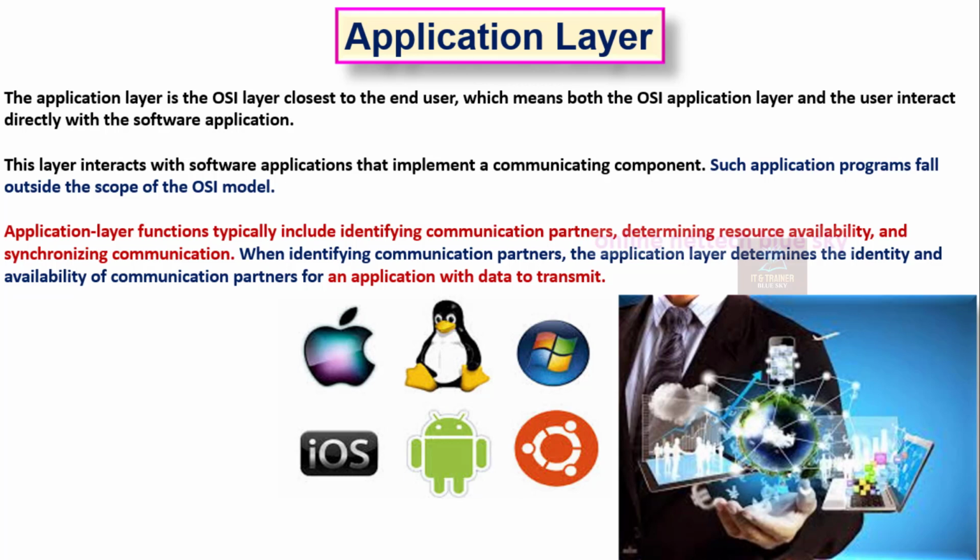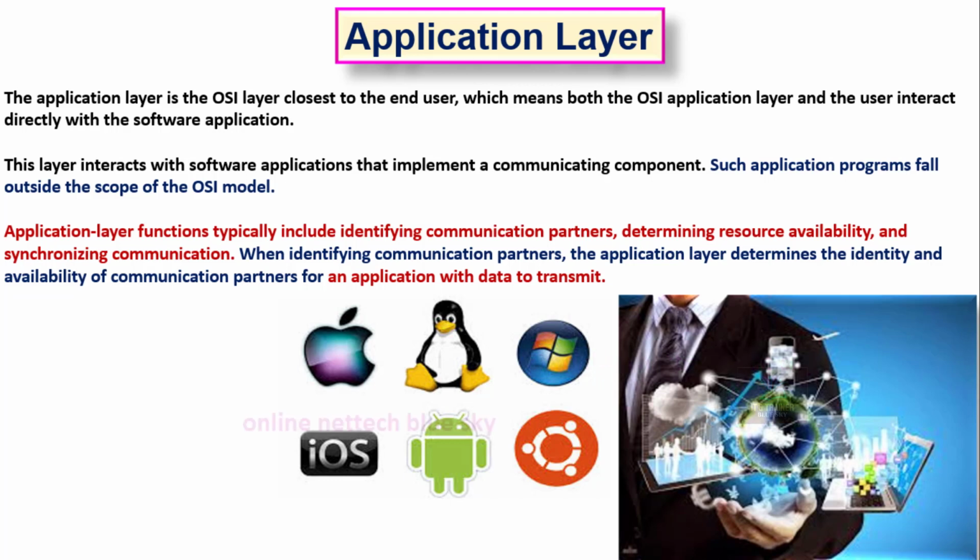Application layer functionality typically includes identifying communication partners. What is a communicating partner? Suppose your other device sends data, and the file is a JPG, an image file. You cannot open an image file in Microsoft Excel, because it is a JPG file.